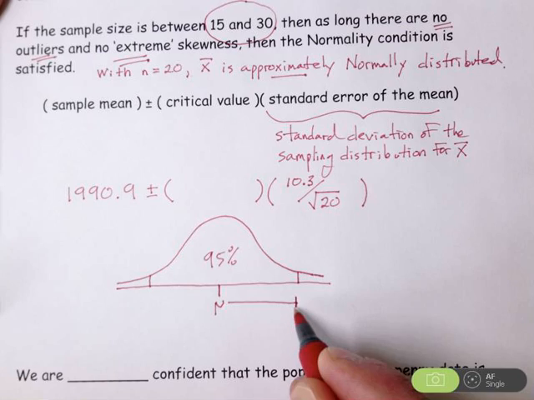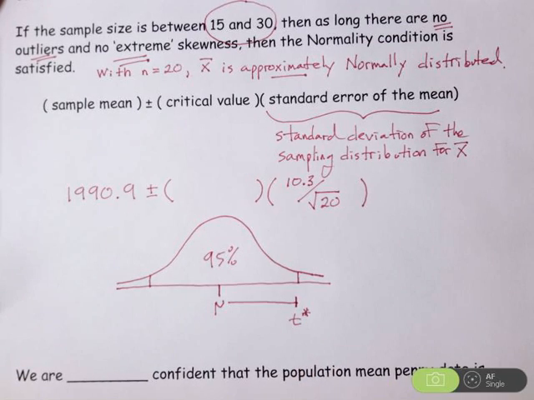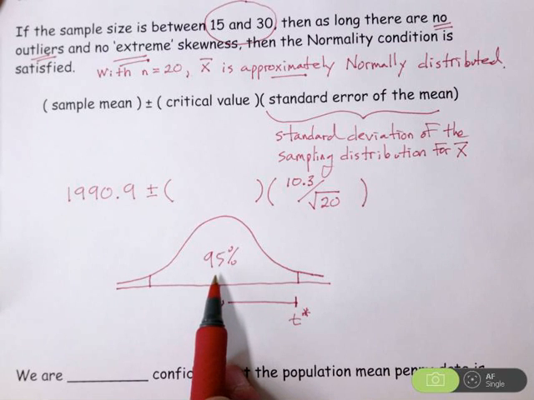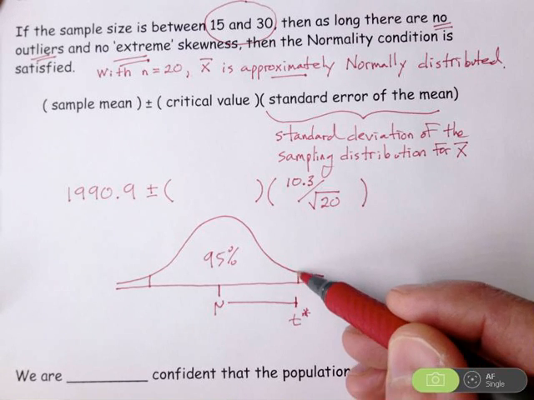So up here is my critical value, the t star that I would like to find. I need to figure out how many standard deviations above and below the mean I need to go to capture all of that variability. Whether you are using the invT command or the invT calculator program, what you have to enter is the area under the curve up to where t star is.